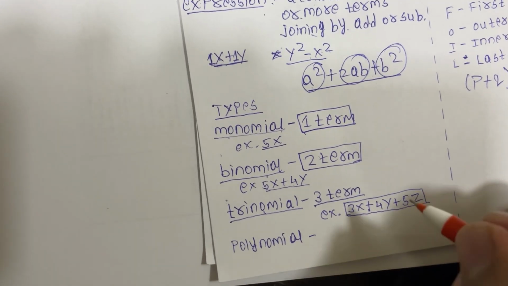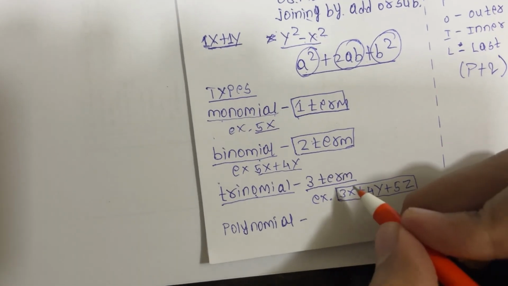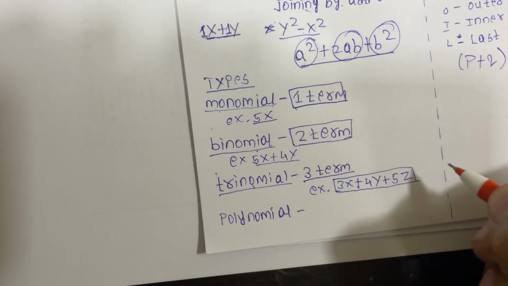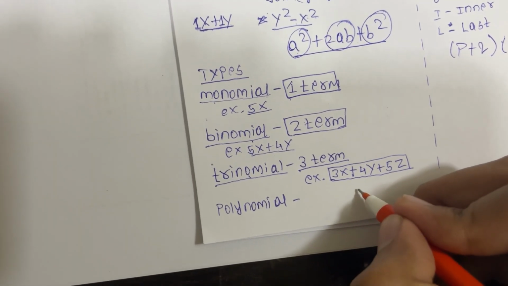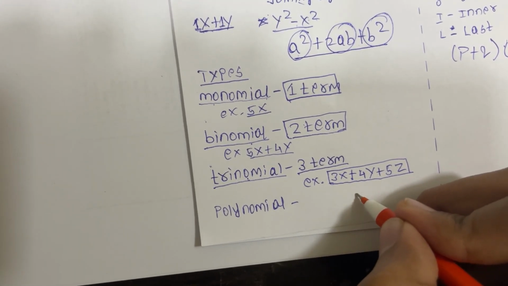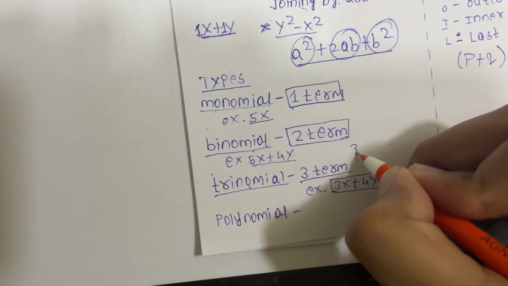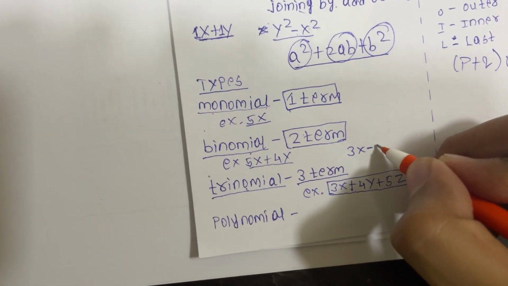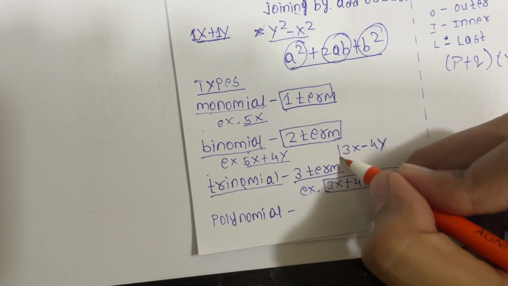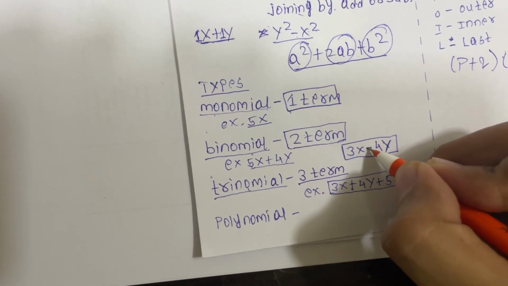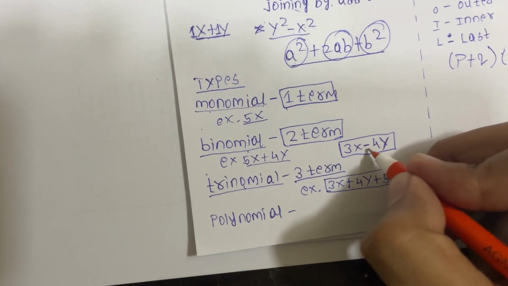Yes, we can also use a subtraction sign in an expression. For example, 3x minus 4y. So this is a binomial combined using subtraction.